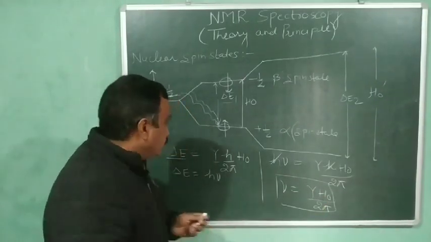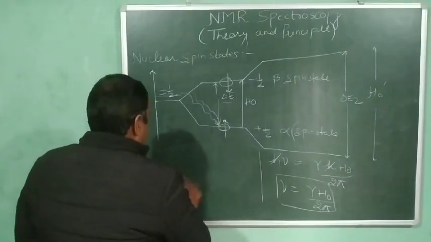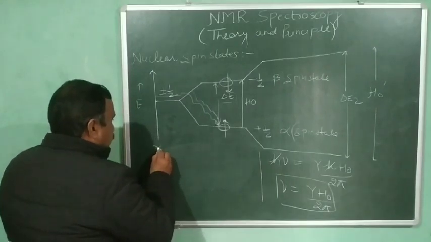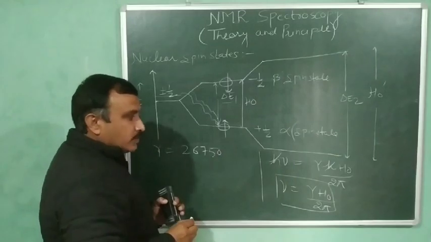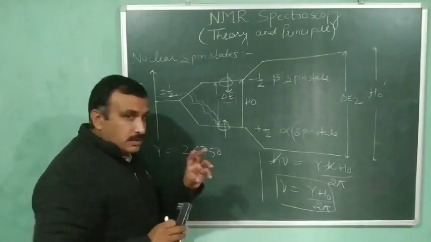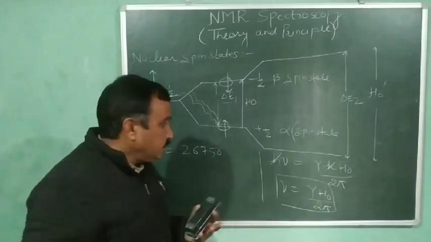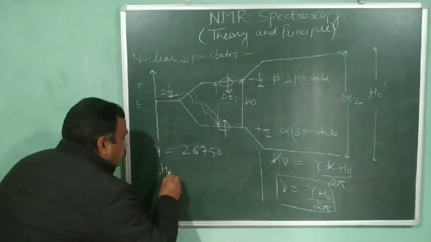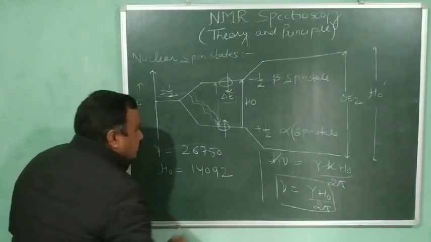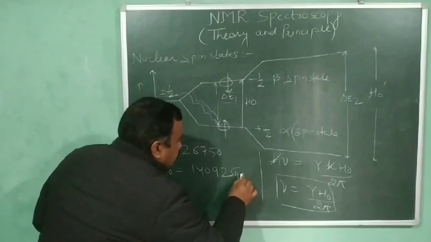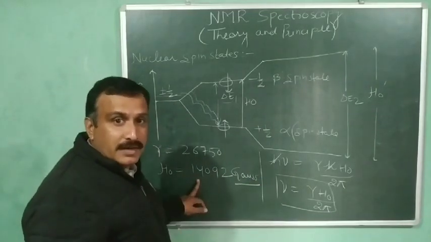And for the proton, the value of the gyromagnetic ratio gamma is equal to 26,750. So we can calculate the value of the radio frequency corresponding to a magnetic field strength of 14,092 Gauss. Okay, and this is the strength of the external magnetic field.